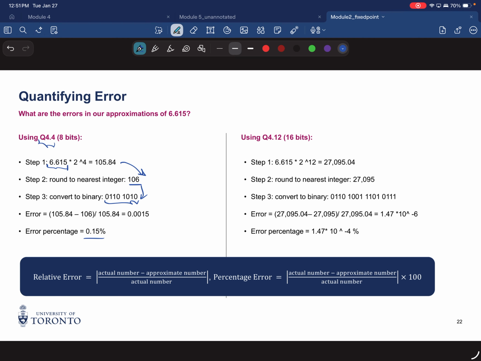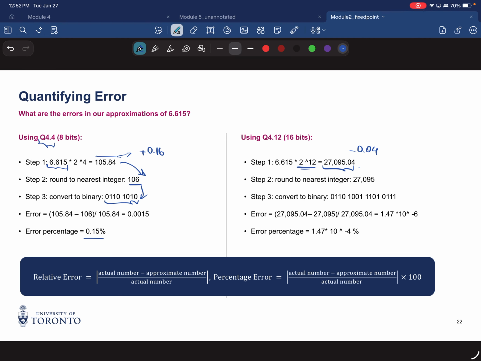What if we wanted to do this with 16 bits? As you can see here, when you multiply it by 2 to the power of 12, you get 27,095.04. When you're rounding to the nearest integer now, you're only losing 0.04, as opposed to 0.16 here.